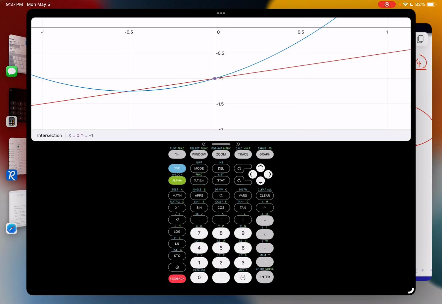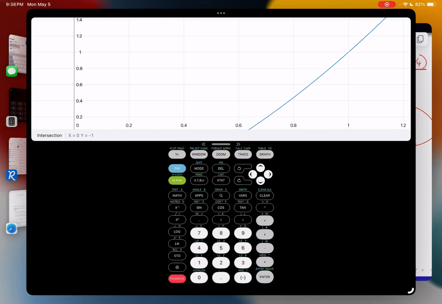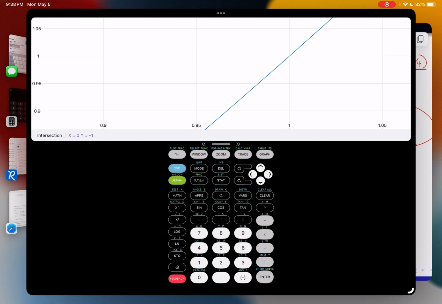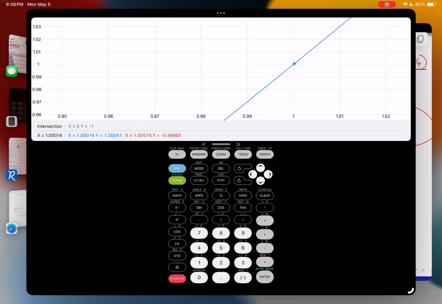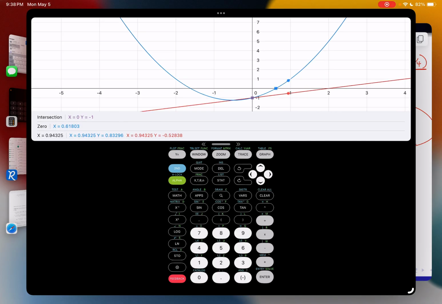Oh, they do show it on mine. You can kind of see, let's see. Yep, you can see there's just a very faint hole there at 1. It's at 1, 1. But anyways, not that you really need to know that, but it's pretty interesting.